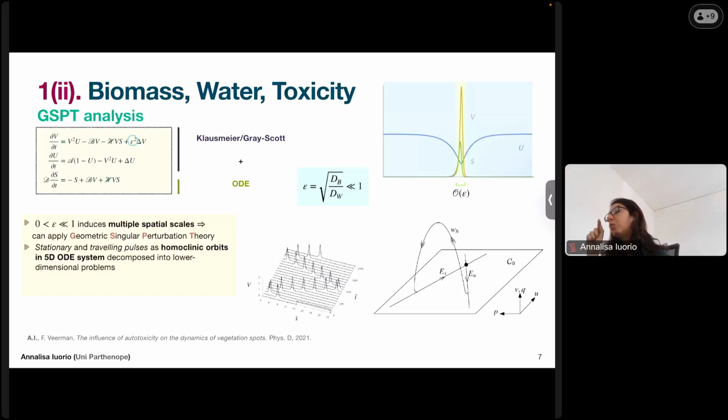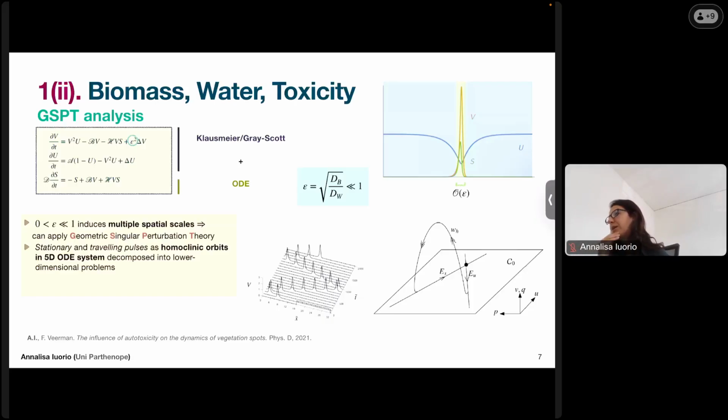When you want to have a pulse, this corresponds to a homoclinic orbit. So you start from the zero equilibrium for the biomass and you want to get back to it. In doing so, you first follow your critical manifold. So you first have your slow dynamics, and then you have the fast jump that represents the pulse itself before you get back to your equilibrium.